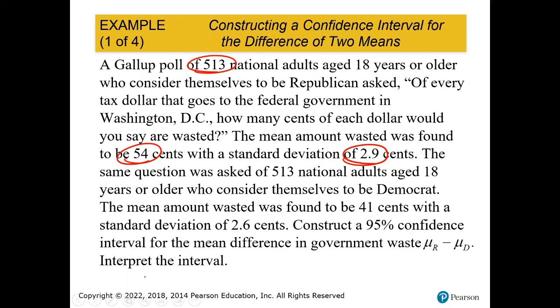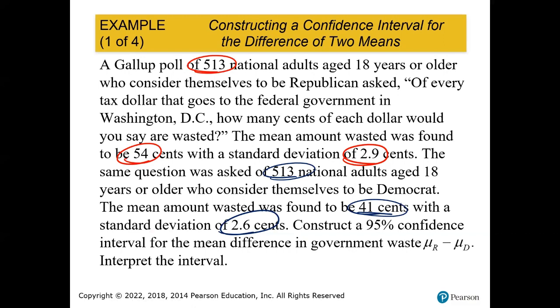The same question was asked of 513 national adults aged 18 years or older who considered themselves to be Democrats. The mean amount they said to be wasted was 41 cents with a standard deviation of 2.6 cents.